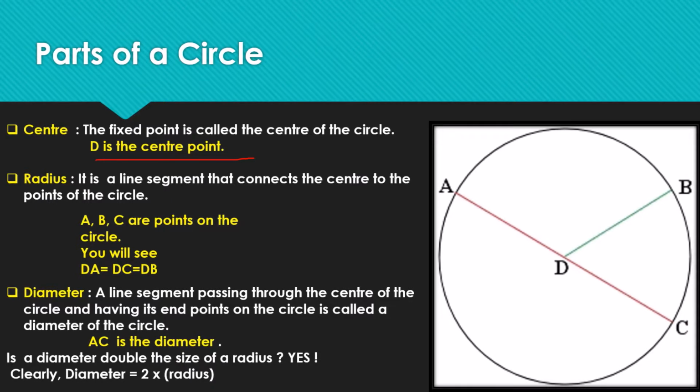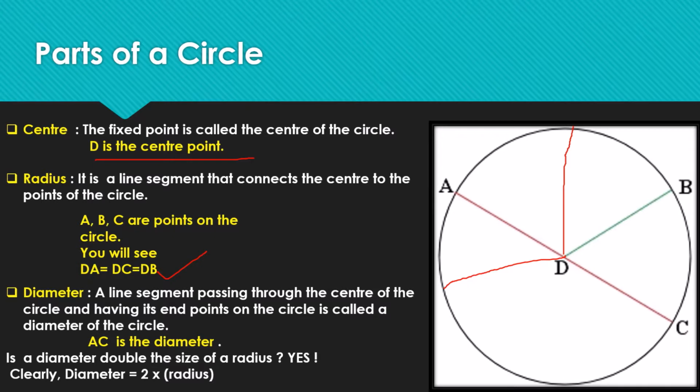Means from the center, whatever you draw to the boundary of the circle, all are called radius. Suppose A, B, C are points on the circle. You will find DA is equal to DC is equal to DB. So you can say that all the radii of the circle are the same. They have the same length.